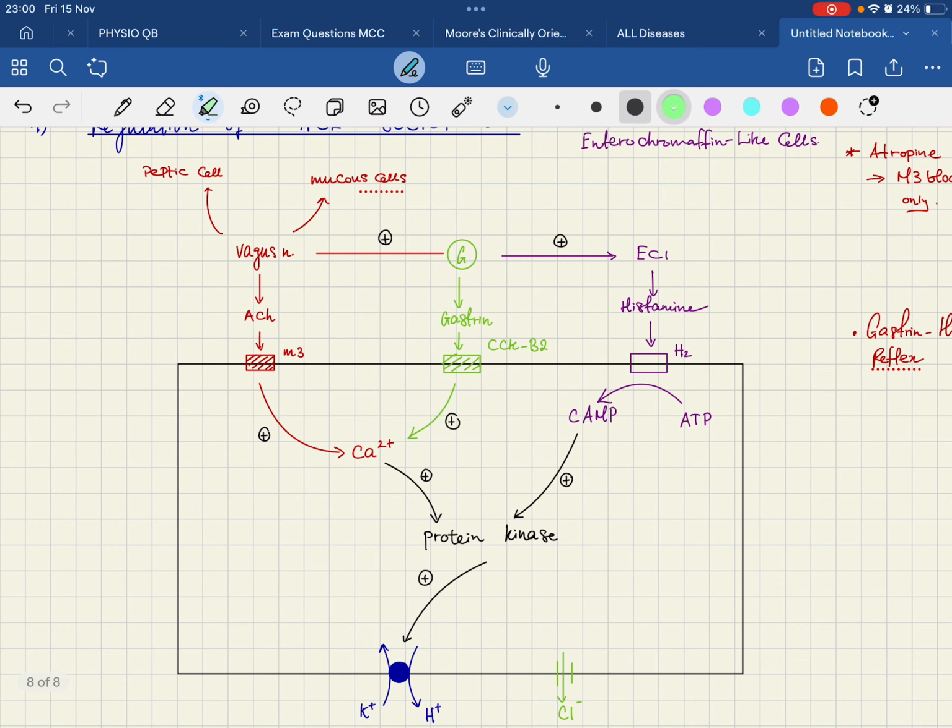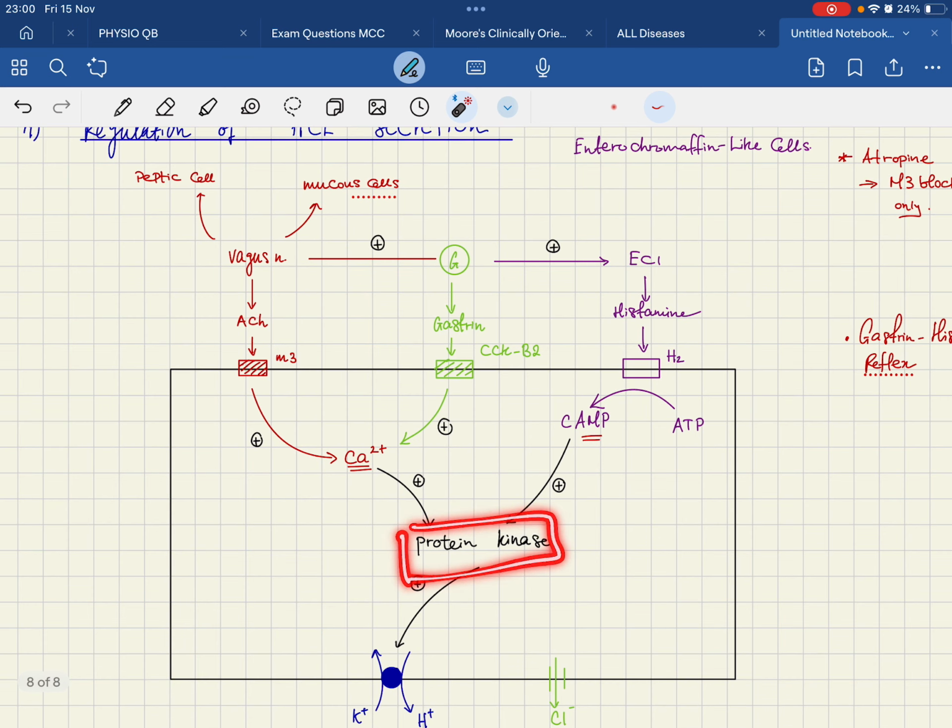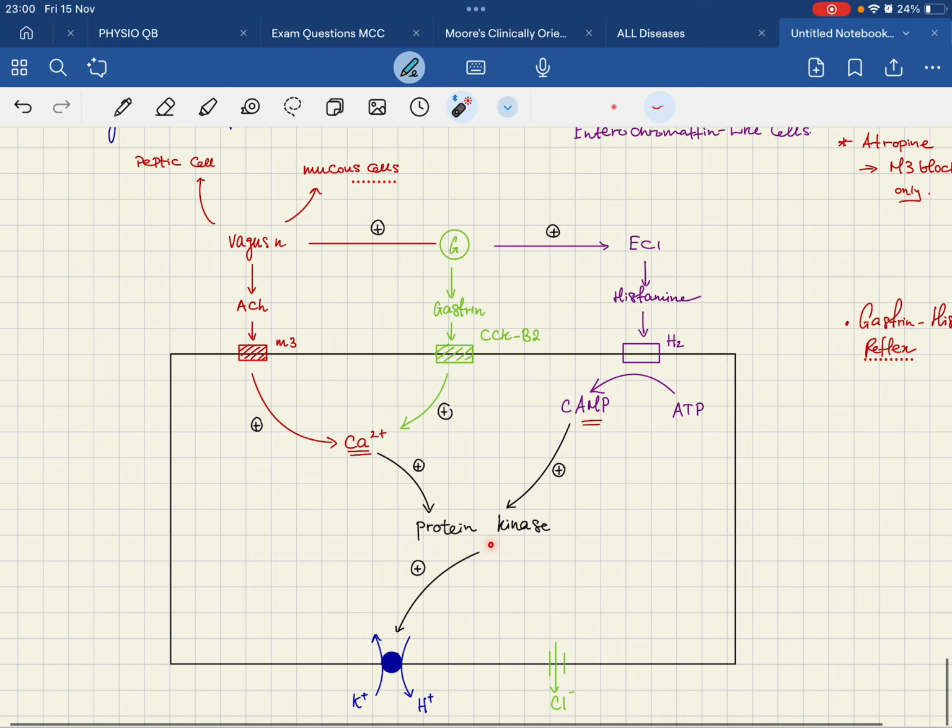So we have talked about calcium and cyclic AMP. So why do we need these? Calcium and cyclic AMP, as you can see, will stimulate protein kinase, which in this case is very, very important. Why? Because it stimulates this hydrogen potassium ATPase pump.